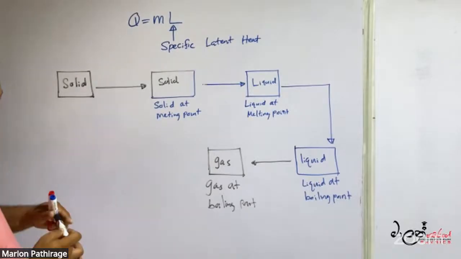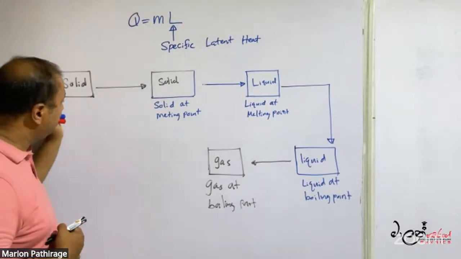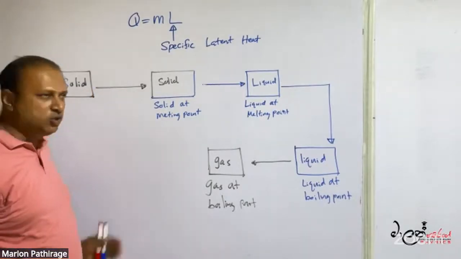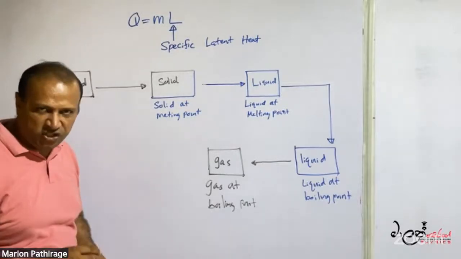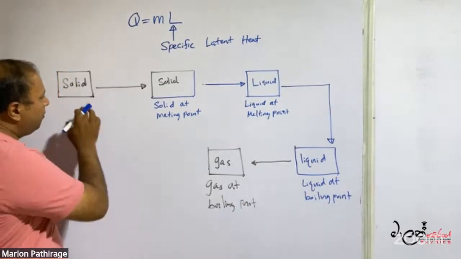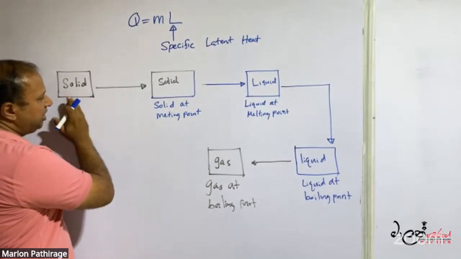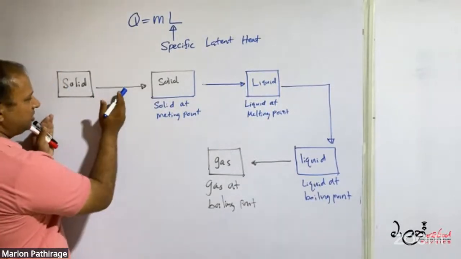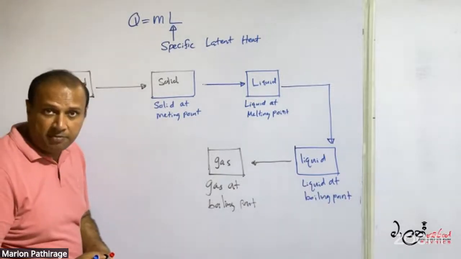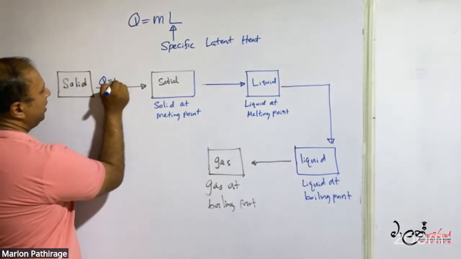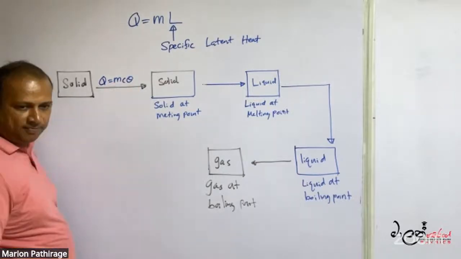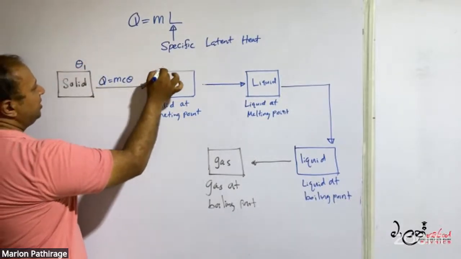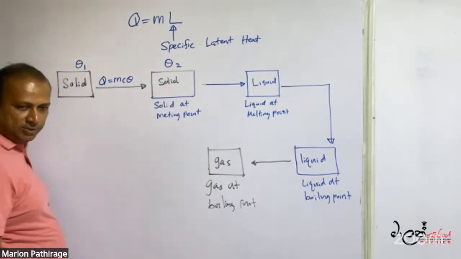Okay. So during this conversion, solid at melting point means there's no phase change. Therefore, heat associated with this transformation can be determined using the Q equals m c theta equation, because the temperature changes from the initial temperature to a second temperature.